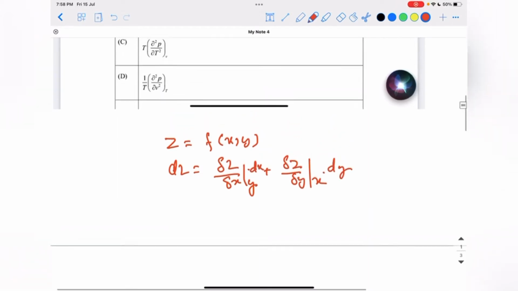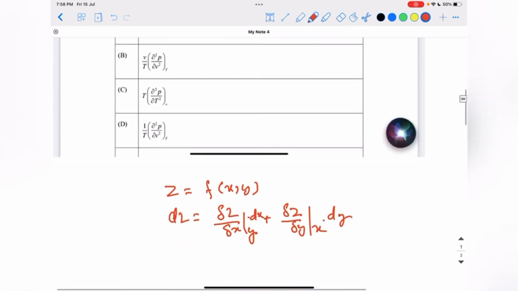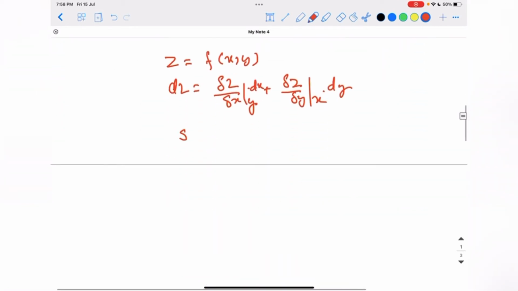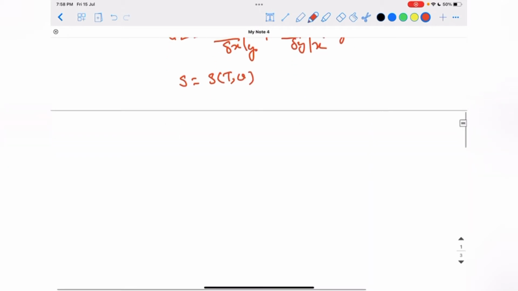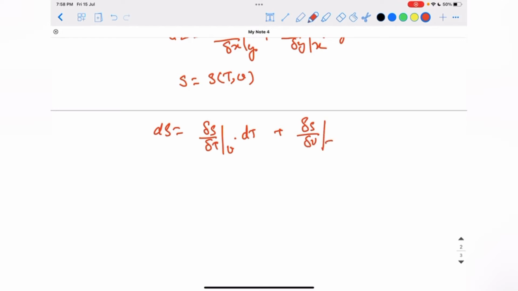Now S is a continuous function of T and V, so I can write dS is equal to ∂S/∂T at constant V into dT plus ∂S/∂V at constant T into dV.